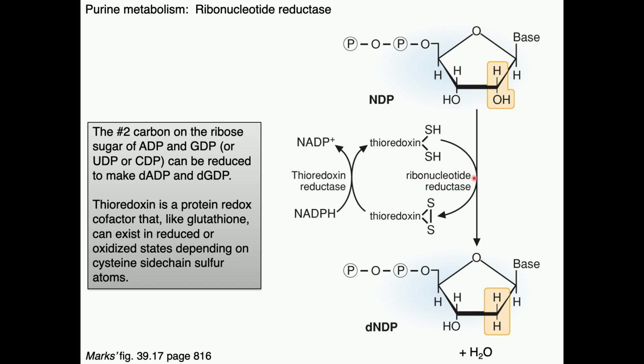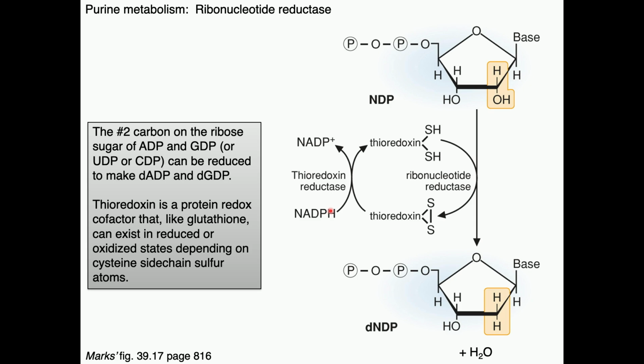Okay, so where does this reducing power come from to reduce this carbon from an alcohol into a methyl carbon? It comes ultimately from NADPH. We haven't talked about thioredoxins. These are redox proteins, and you remember the cysteine, and reduced glutathione and oxidized glutathione.